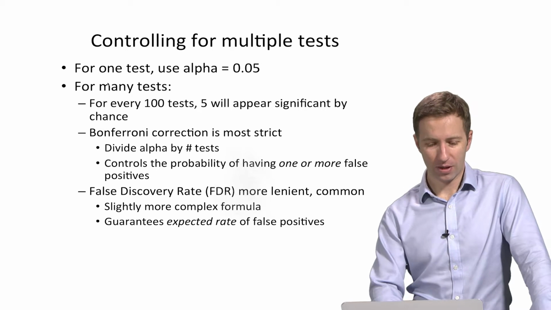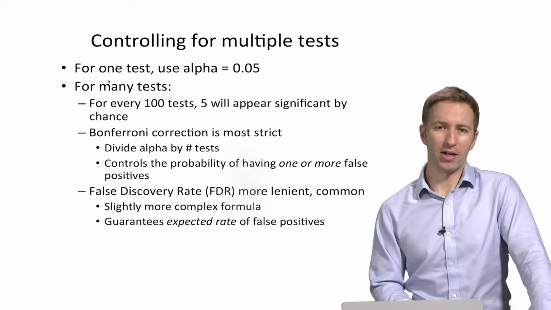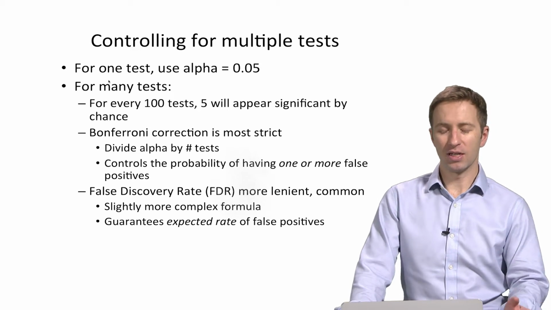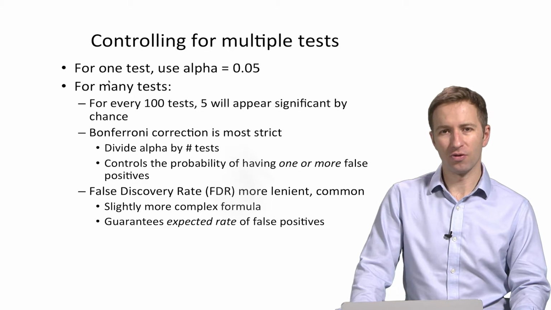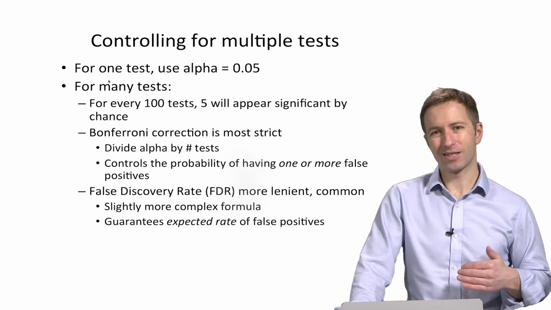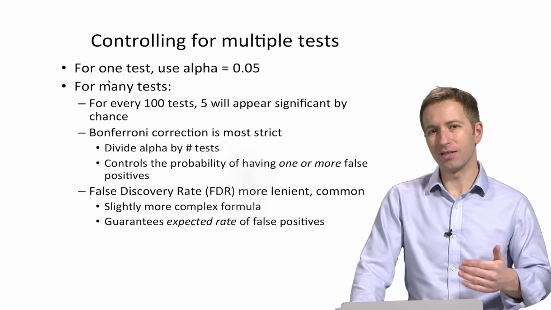False positives. The more common approach in microbiome analysis is to use false discovery rate, and people have been using this in gene expression tests too for a while. False discovery rate is more lenient because it's controlling the expected number of false positives, not the probability of having at least one false positive.